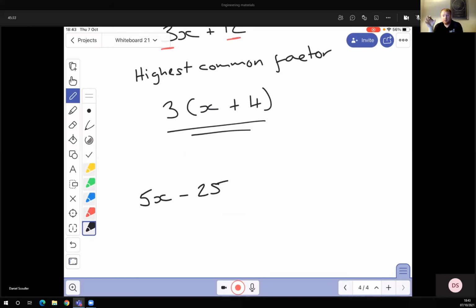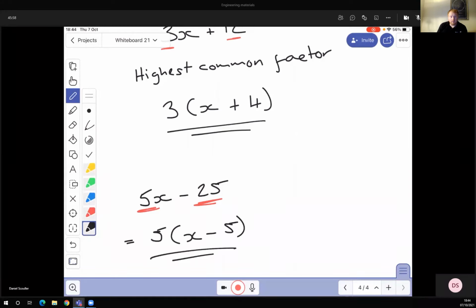The highest times table that both the number 5 and the number 25 are on is the 5 times table. In this case it's just the lowest number. So we're taking that out as a common factor. Tidying that up, it would just be 5, and then in the bracket it would be what you multiply by, so 5 times x minus 5. That's that term factorised.